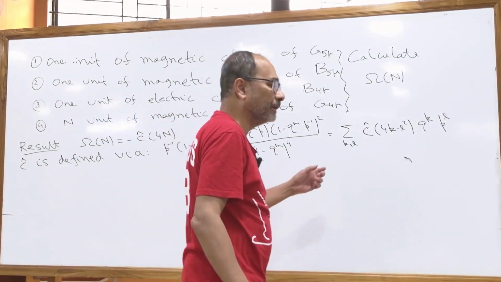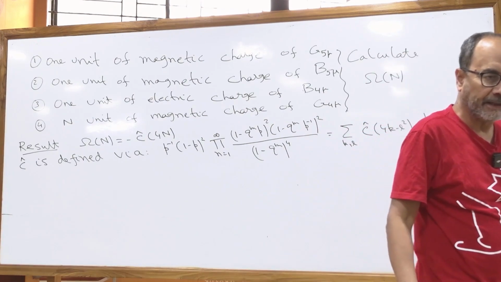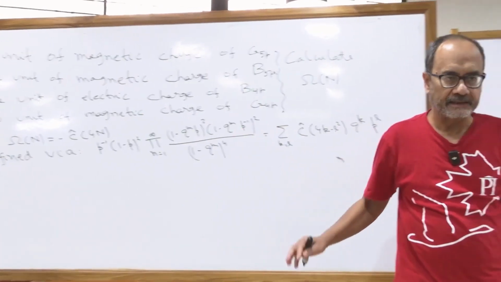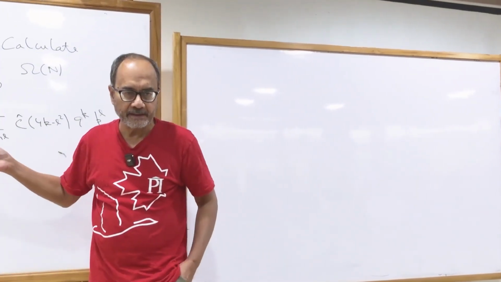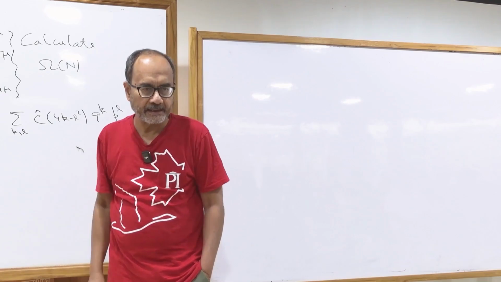I have put a hat just to differentiate from what I wrote yesterday. Yesterday I had also defined the C of 4k minus L square. Those are different C's, because the theory is different, the system is different. So this counting is different from that one. So here I put C hat.